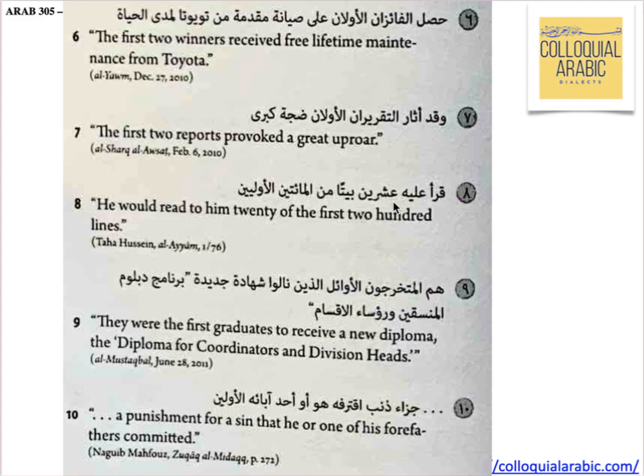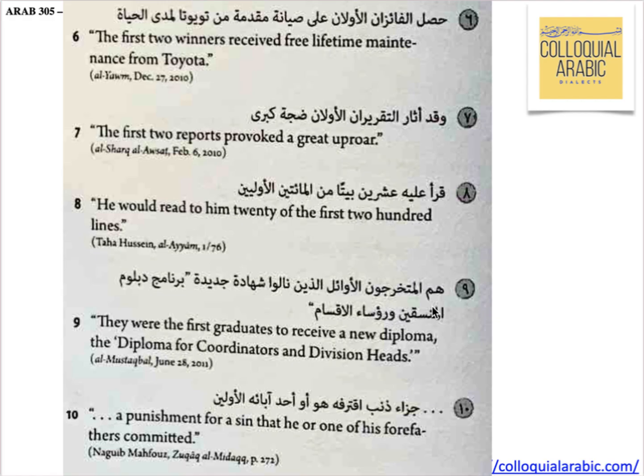So he would read him the first 200 lines of something, which is not mentioned. These sources are also given over there. So generally this is from the Al-Yawm, Ash-Sharq newspaper, or from the literature of Taha Hussain, Naguib Mahfouz, and so on.